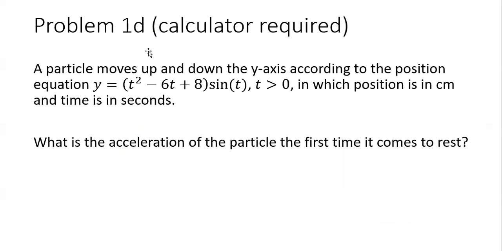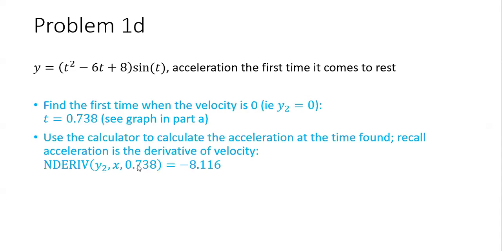Part D, what is the acceleration of the particle the first time it comes to rest? Okay, so acceleration, so we probably need to do the second derivative. First of all, when does it come to rest?